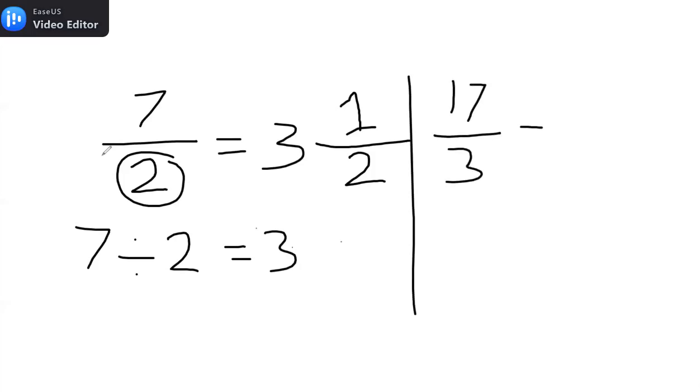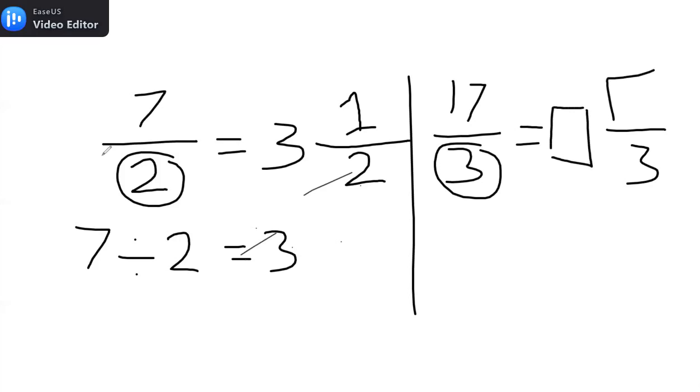17/3. What will be the denominator? 3. And what will be the whole number? Okay, take your time. We are not in a hurry.